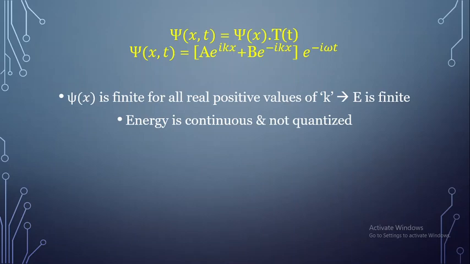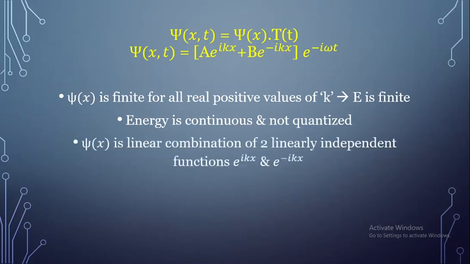Then ξ(x), if we observe, is formed as a linear combination of two linearly independent functions. One is exponential of ikx and another is exponential of minus ikx, if you just remove a and b. But what do these two terms mean?